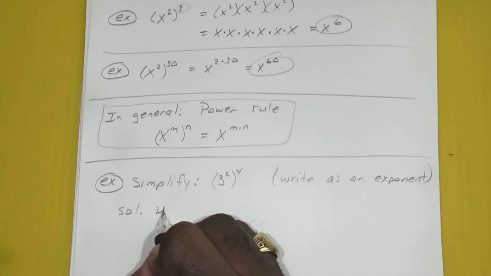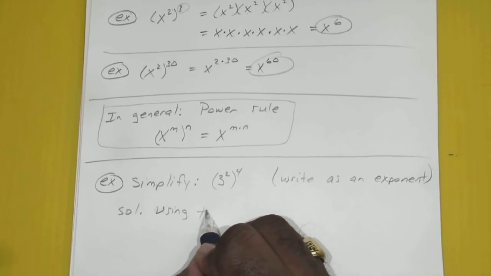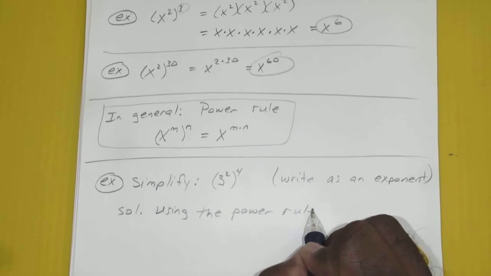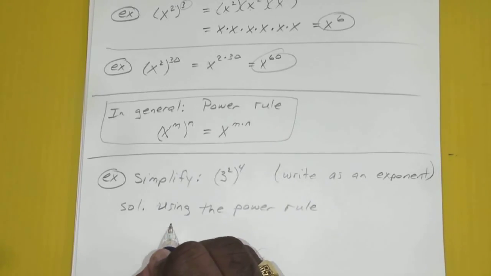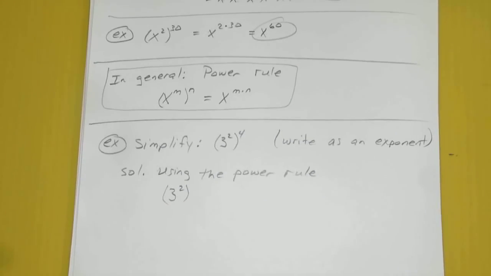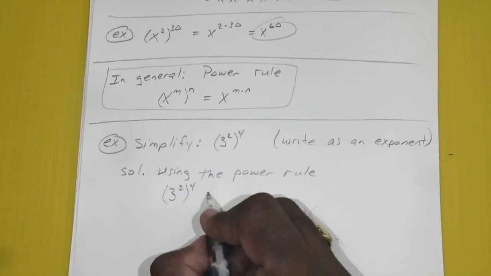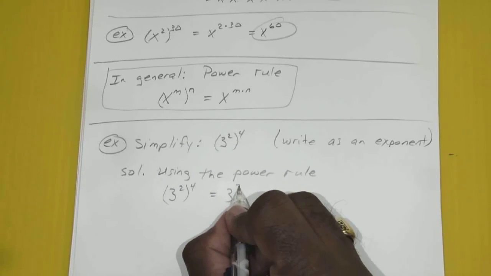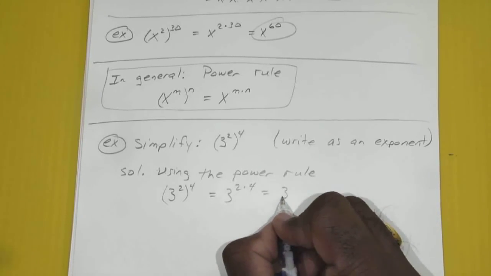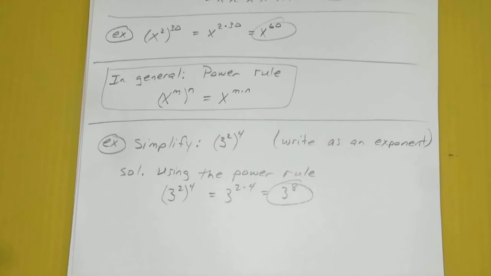Okay. So using the power rule, 3 squared, and that entire thing raised to the 4th power is just 3 to the 2 times 4, which is 3 to the 8th power.